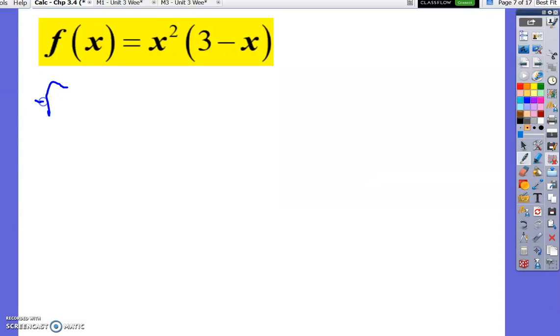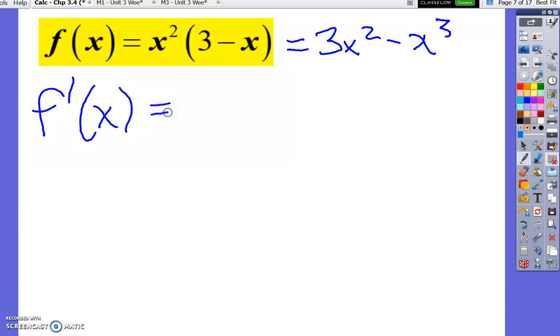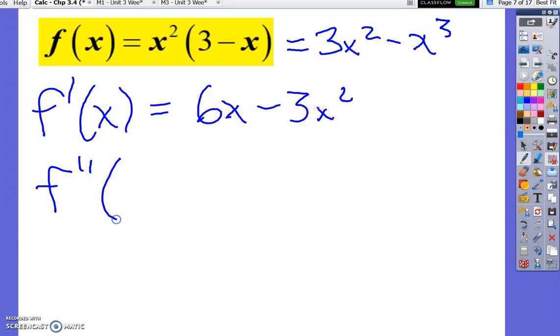Let's go ahead and take the derivative of this. We're going to change it really quickly into 3x squared minus x cubed, because that's easier to take the derivative of. F prime, our first derivative, is 6x minus 3x squared. And our second derivative is 6 minus 6x.